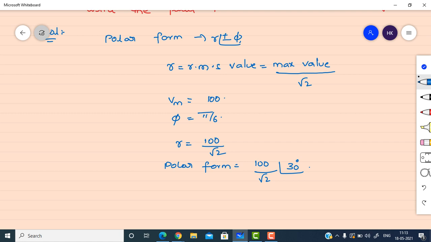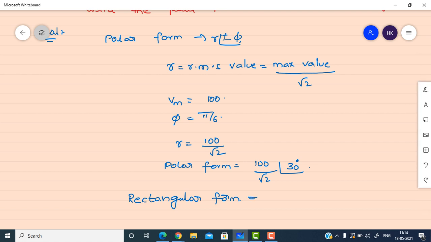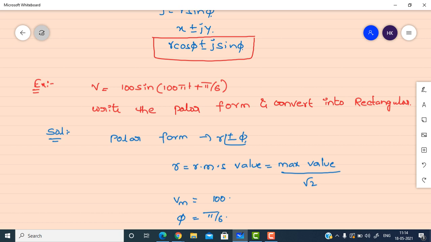Now we have to convert this into rectangular form. While converting from polar to rectangular, what is the formula? r cos phi plus or minus j r sin phi.